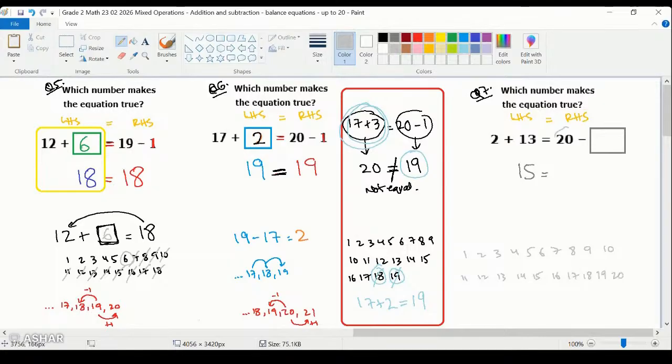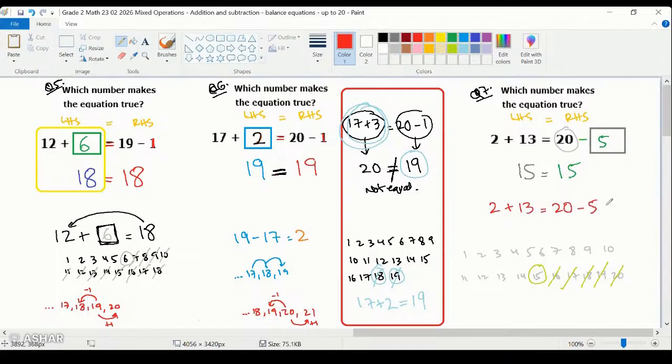If we have the number 20, we have to subtract something. So how many numbers do we need to subtract to make it 15? 1, 2, 3, 4, and 5. If from 20 we remove 5 numbers, we get the answer 15, right? That means we can write this equation as 2 plus 13 is equal to 20 minus 5.